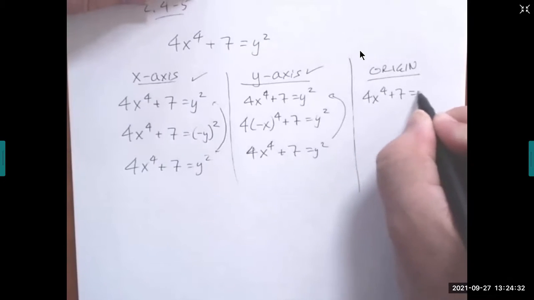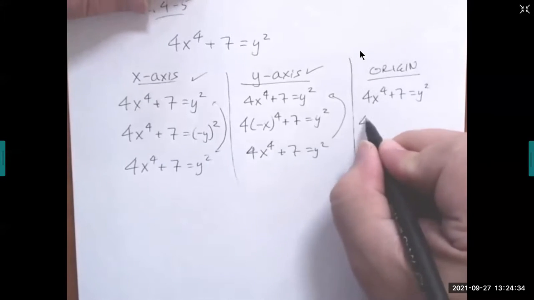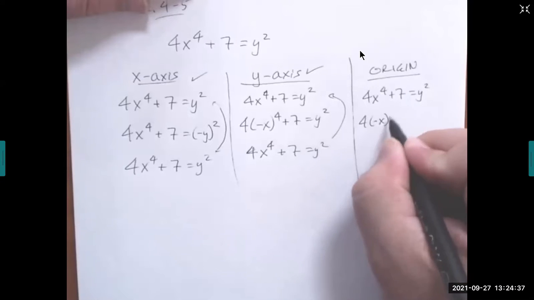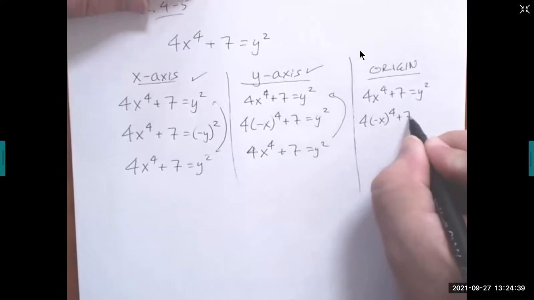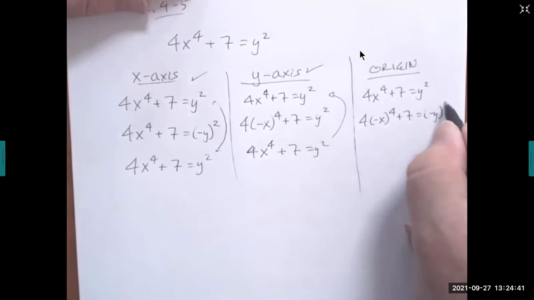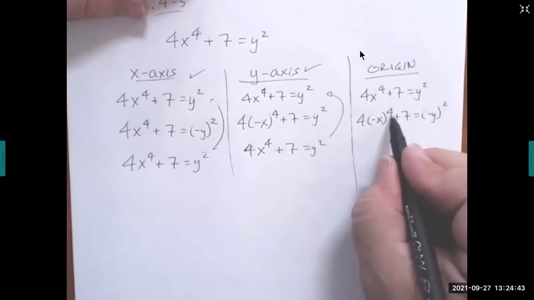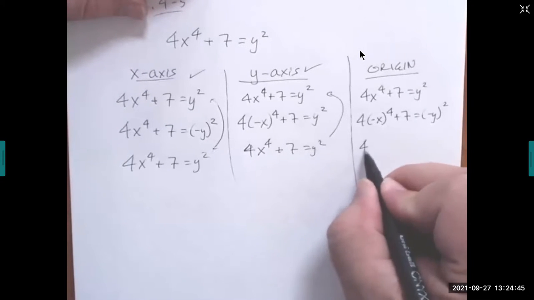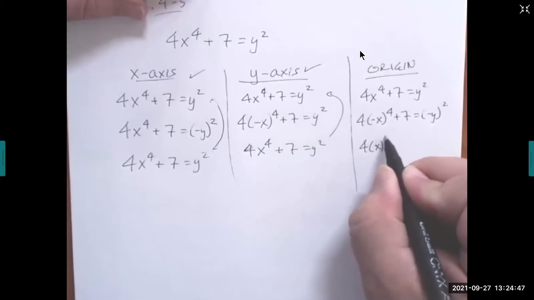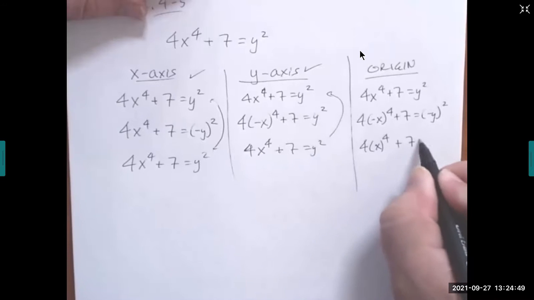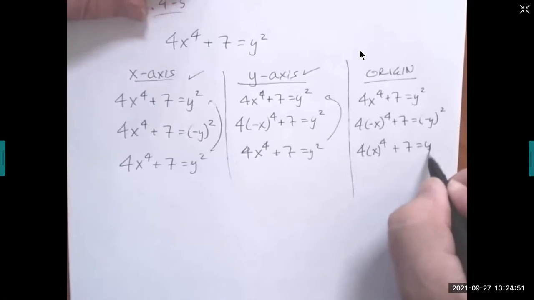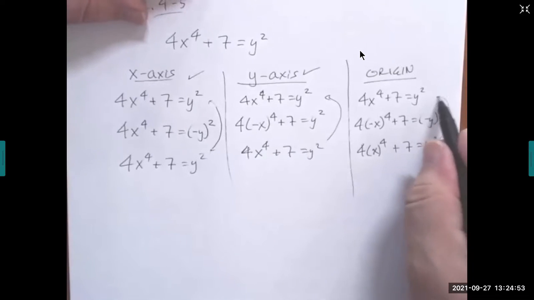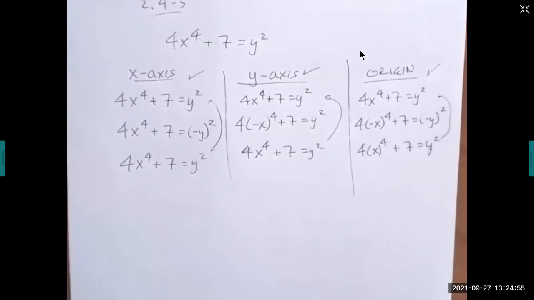And the origin, change both x and y. If it's an even exponent, it cancels out the negative. So that becomes y squared. And they're the same. So they're symmetric about all three.